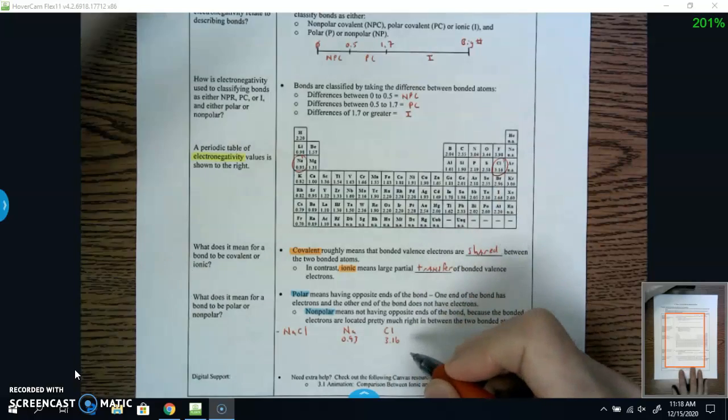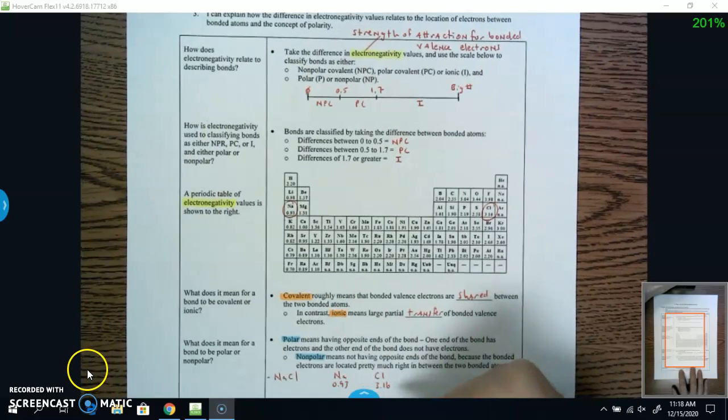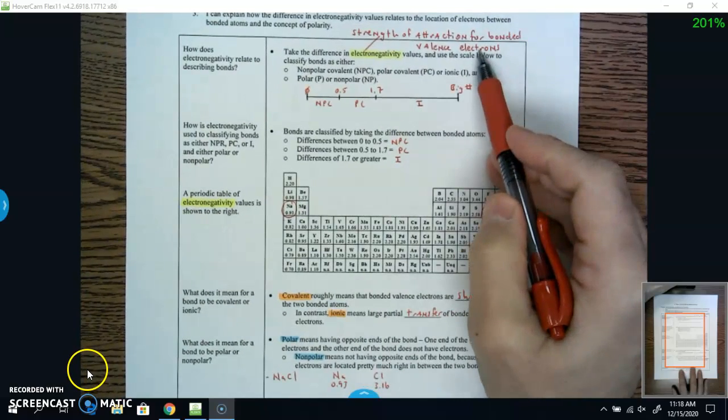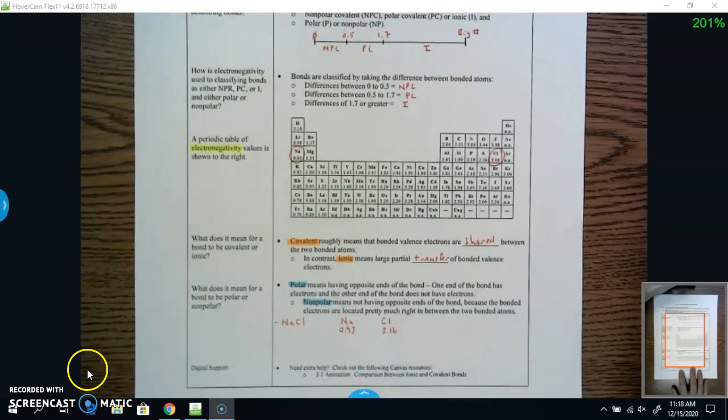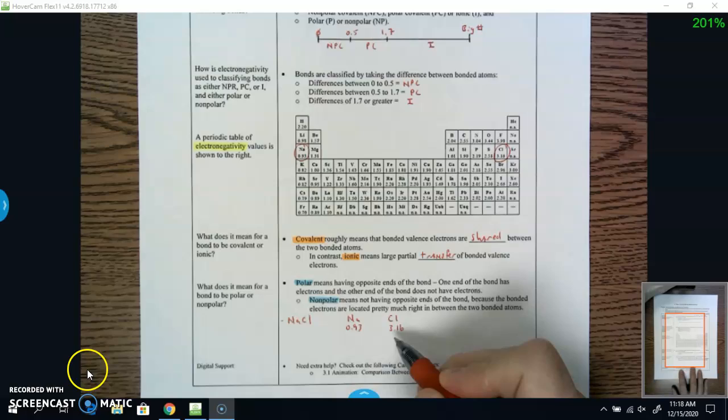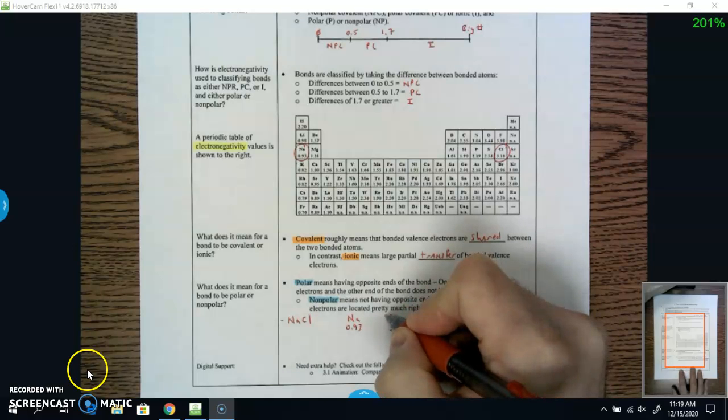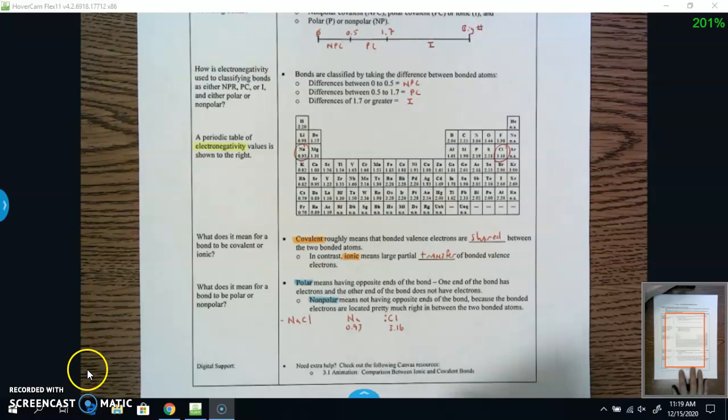So if we apply the definition of the term electronegativity, remember it's strength of attraction for bonded valence electrons, we can see that because chlorine has a much higher electronegativity, it's got a much greater strength of attraction for the two bonded valence electrons, pulling those two electrons over much closer to it.